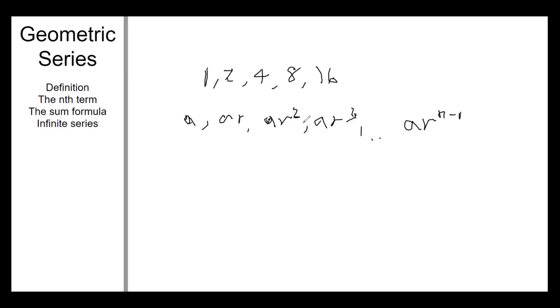The idea is that if we take the sum of all these terms, let this be S, and multiply by r, S times r is equal to AR plus AR squared plus so on until you get to AR to the n. You see that when you multiply by r, there's a lot of overlapping terms.